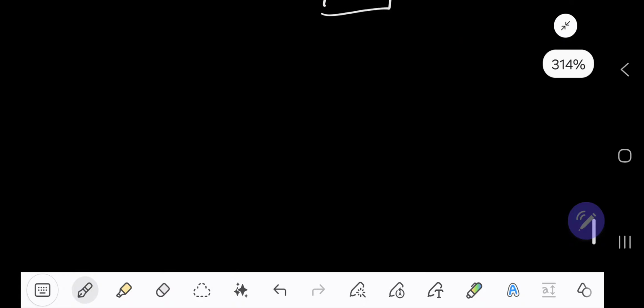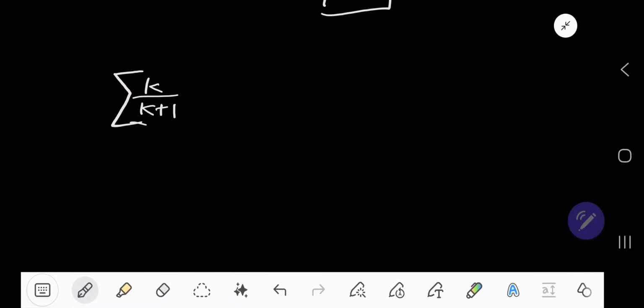Now suppose you have the summation of k over k plus 1 from k equals 1 to k equals 2.